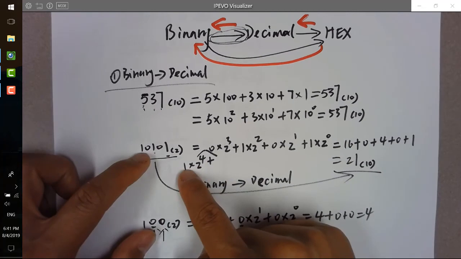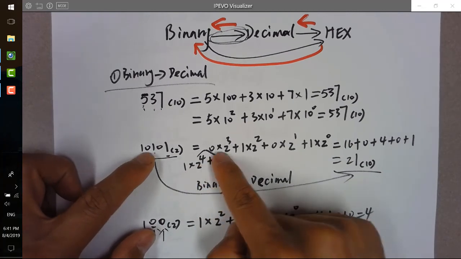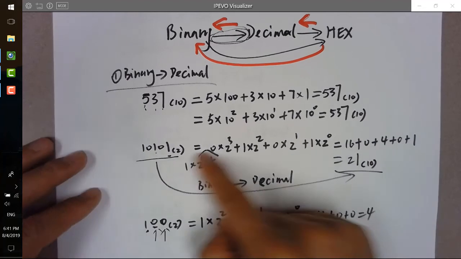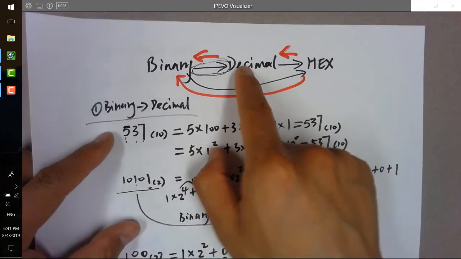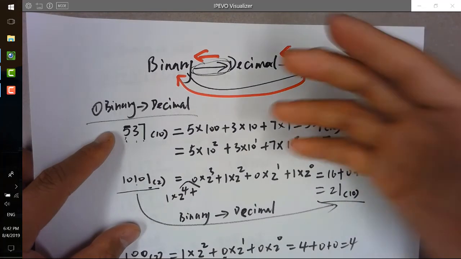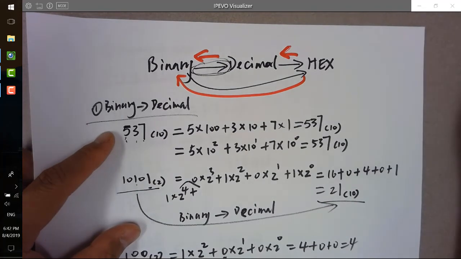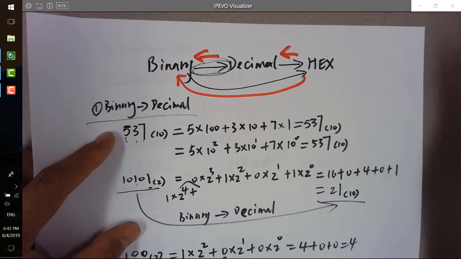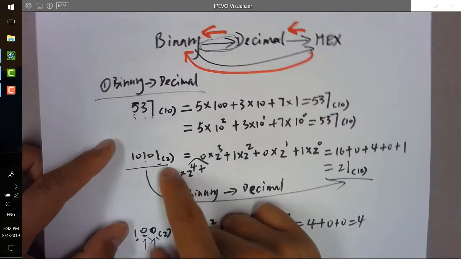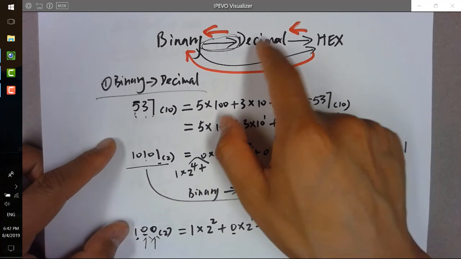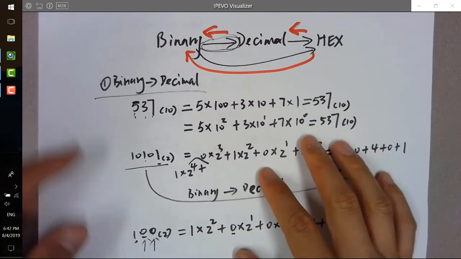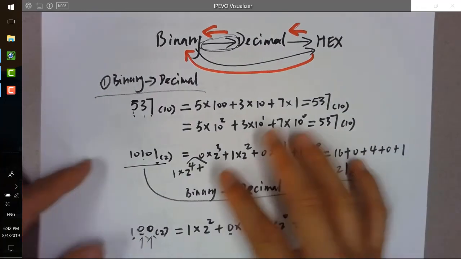That's why we use 1 times 16 here, and so on and so forth, right? So this is how you write it down. So whenever you have a number being converted into decimal, doesn't matter if it's a binary, a hex, or octal, or some weird number system like a base-6 number system, you are actually using the same strategy whenever it's being converted to decimal. Okay, keep in mind, same strategy. So binary to decimal, we do it in this way.